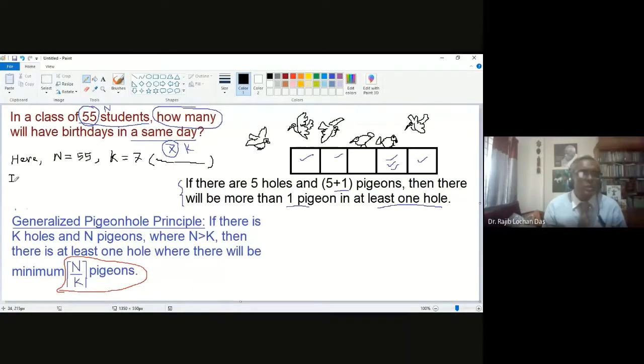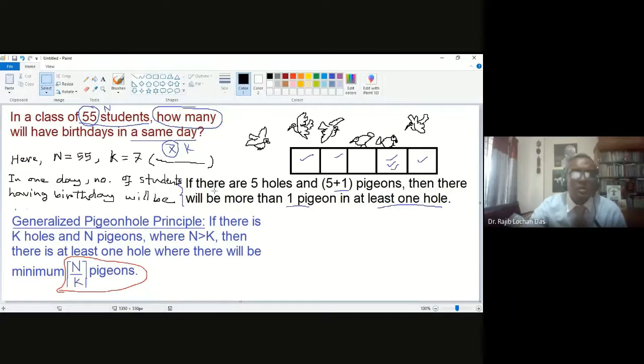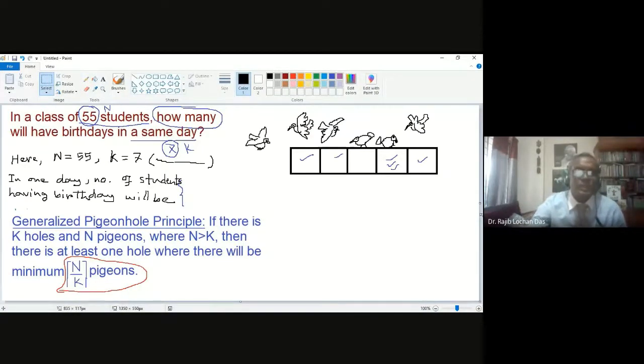So in one day, the number of students having birthday will be n by k ceiling. So this will be 55 by k, means 7, ceiling.